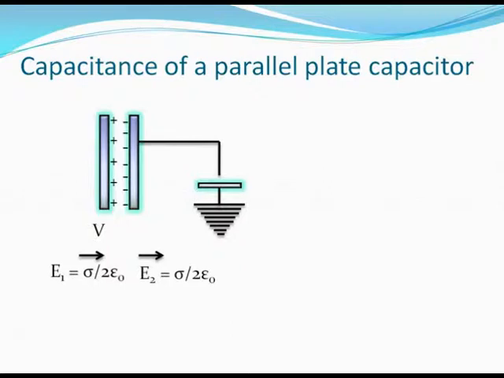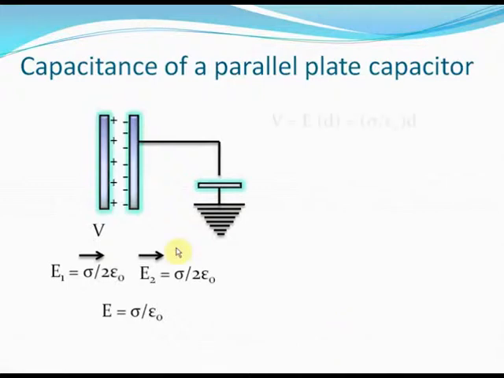The electric field between the plates because of the plate on the right will also be sigma by 2 epsilon naught. This electric field will also be towards the right. So you can see that the net electric field because of both these plates, between the plates will be sigma by epsilon naught. That is sigma by 2 epsilon naught plus sigma by 2 epsilon naught, isn't it?